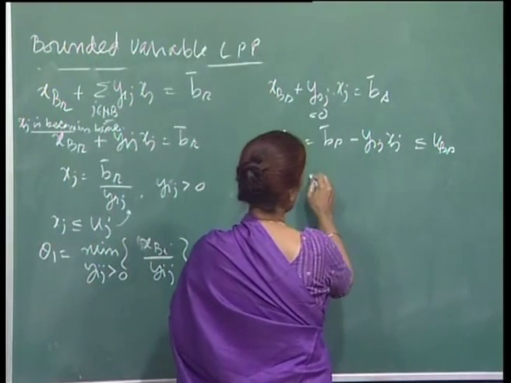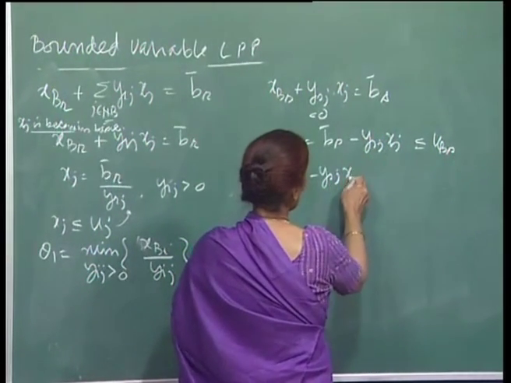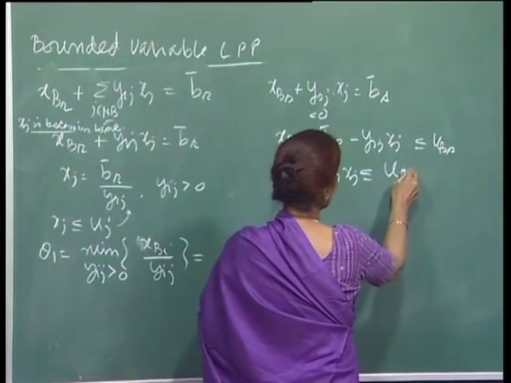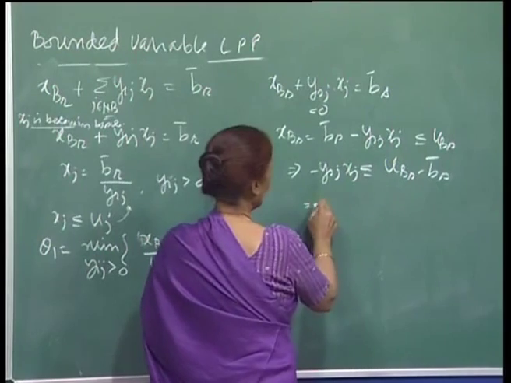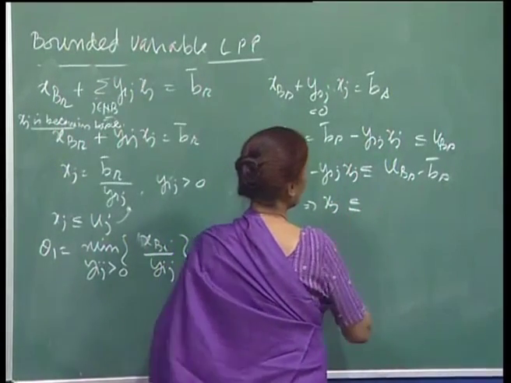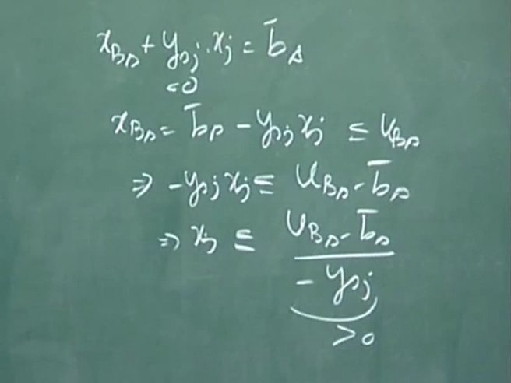Minus Ysj xj should be less than or equal to UBs minus bs bar, which implies that xj should be less than or equal to UBs minus bs bar upon minus Ysj, where this whole thing is now positive. So my inequality does not change.